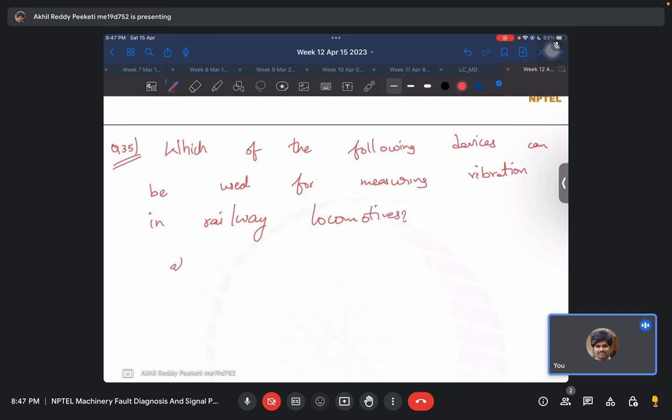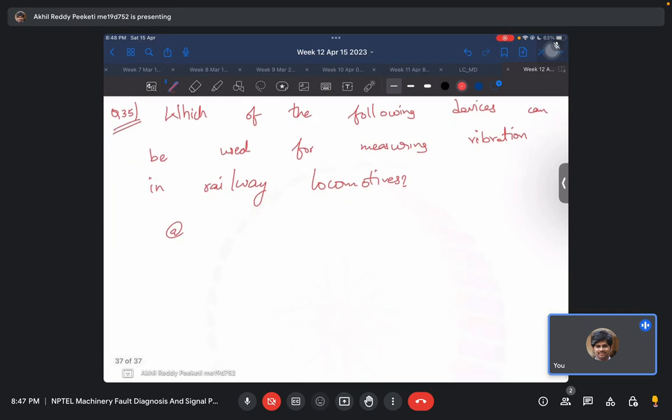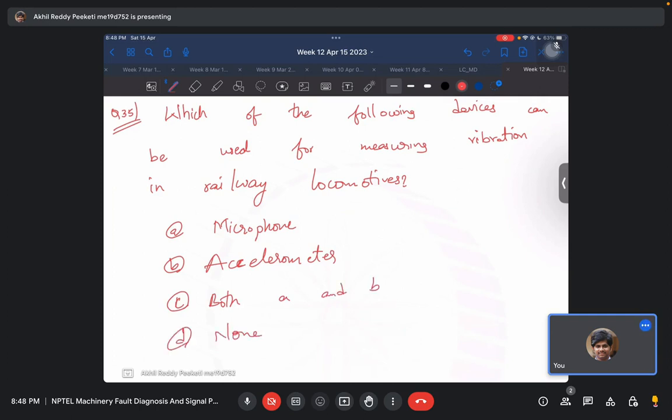Which of the following devices can be used for measuring vibration in railway locomotives? Microphone, accelerometer, both microphone and accelerometer, or none of these.